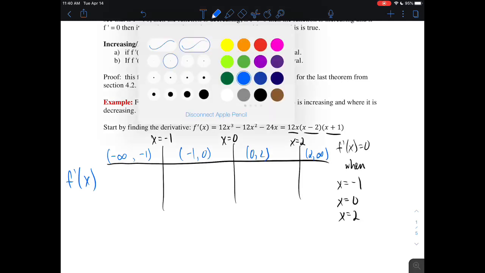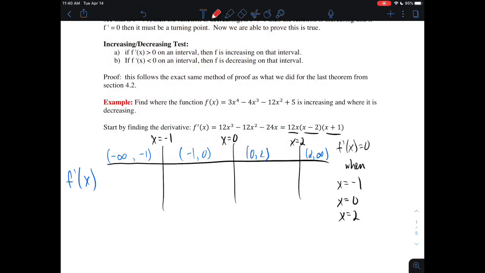To accomplish this, we can just use a test point. For each interval, we can think of a number that's in the interval. For example, for the interval negative infinity to negative 1, I just need some number in that interval. I could choose anything I want, like negative 1,000, but it might be easier if we use some smaller numbers. So how about x equal negative 2, because that's in that interval.